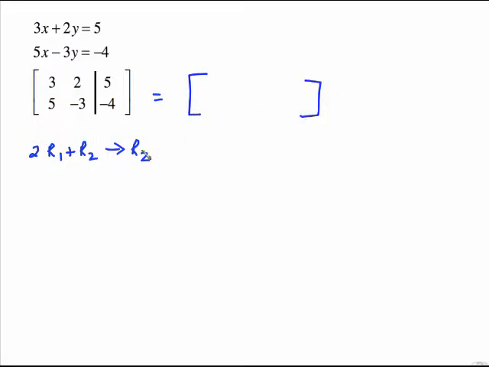That means I will double every entry in the first row and add it to my second row. So 2 times 3 is 6, plus 5 is 11. 2 times 2 is 4, minus 3 is 1. 2 times 5 is 10, minus 4 is 6. And I'm putting it in row 2. I'm not making any change to row 1, so it's staying 3, 2, 5.